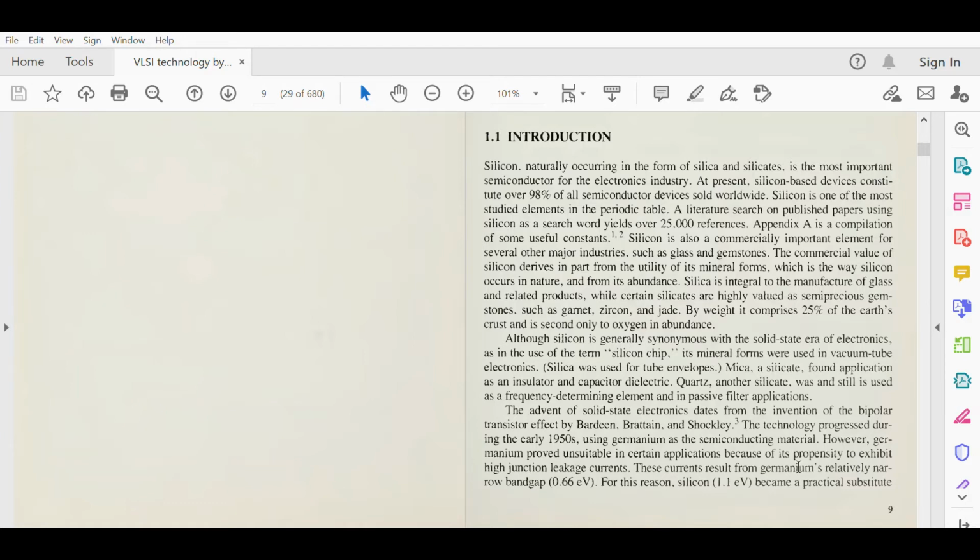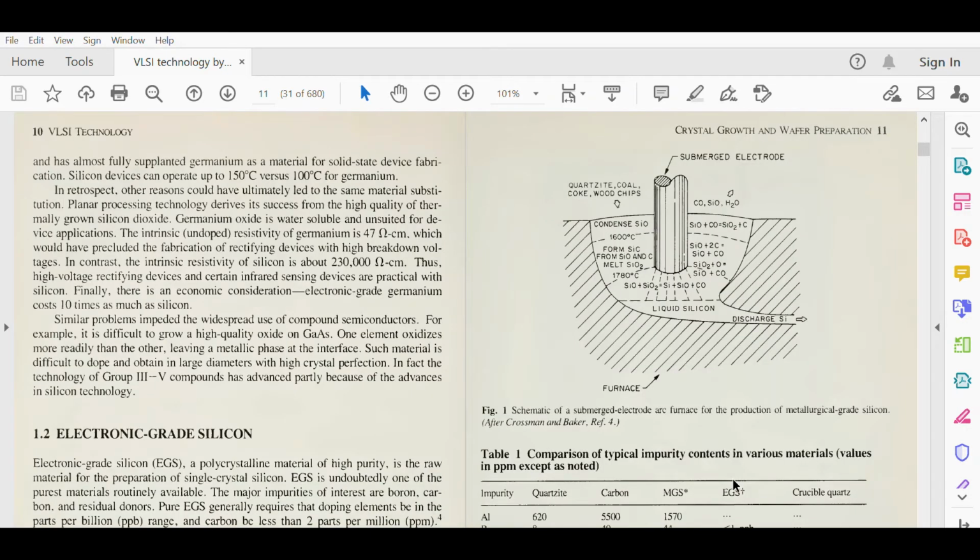These currents result from germanium's relatively narrow band gap of 0.66 electron volt. For this reason, silicon, which has a band gap of 1.1 electron volt, became a practical substitute for germanium. Silicon devices can operate up to 150 degrees Celsius versus 100 degrees Celsius for germanium. This is the second reason. So abundance was the first reason.